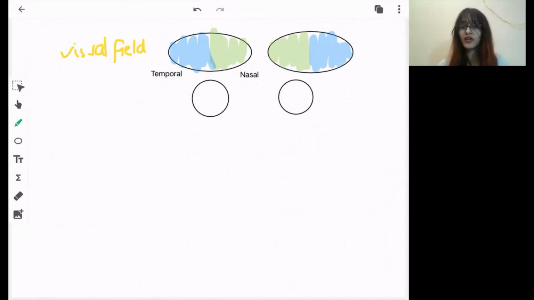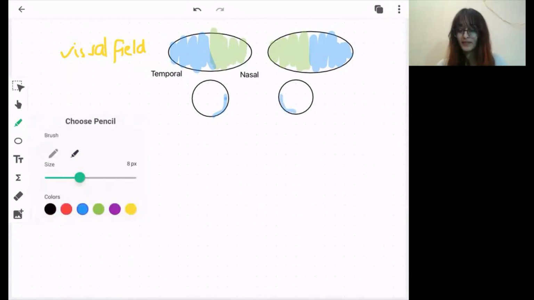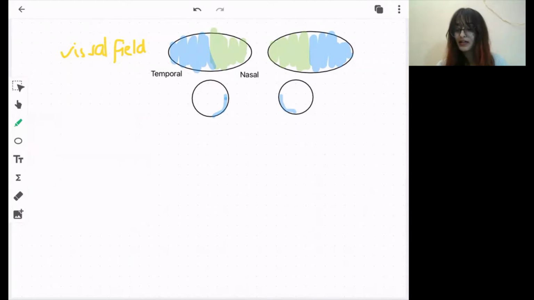So now what's there to learn is that the visual fields are projected on the retina on the opposite side. That is, the temporal visual field is projected on the more medial retina on both sides, and the nasal visual field is projected on the lateral half of the retina.